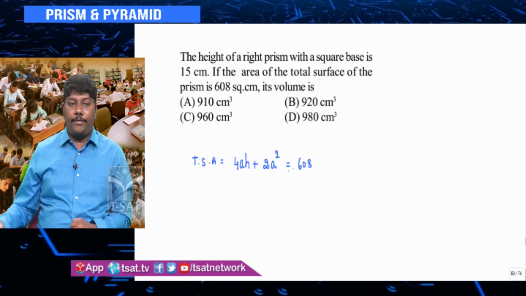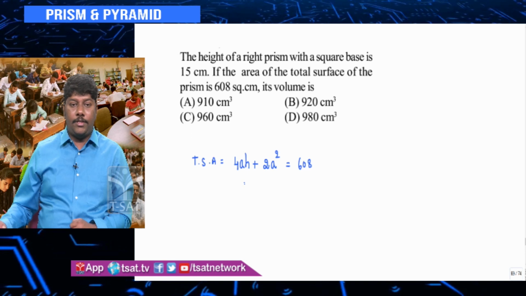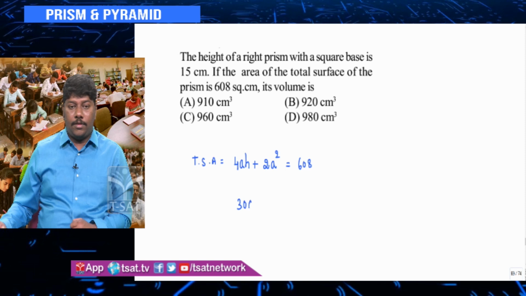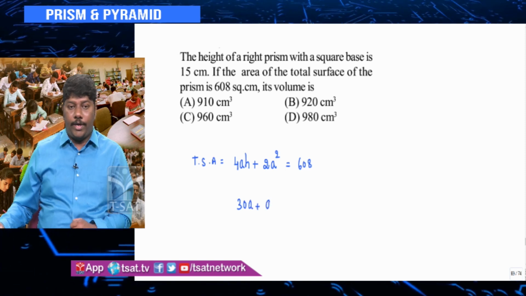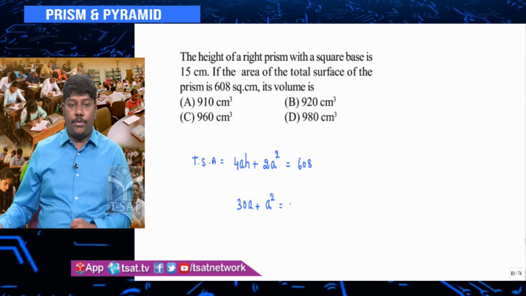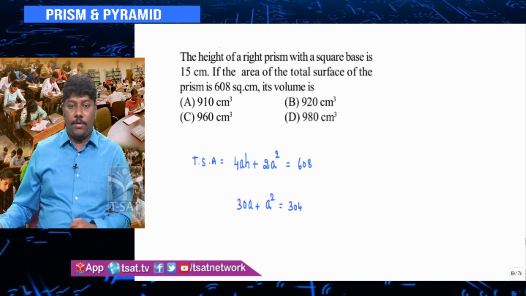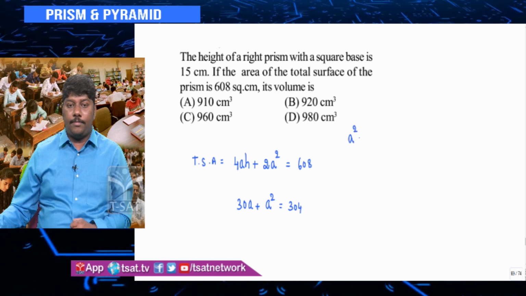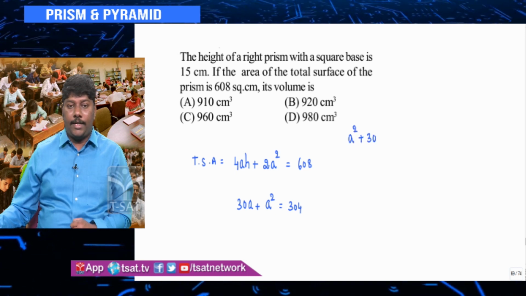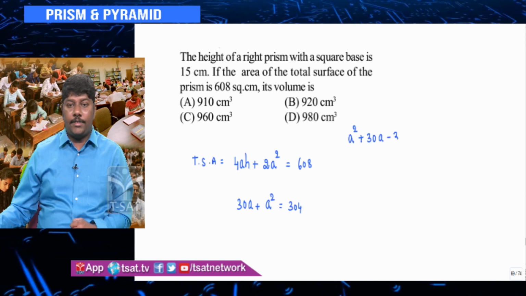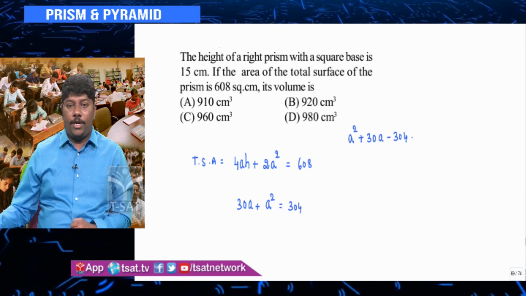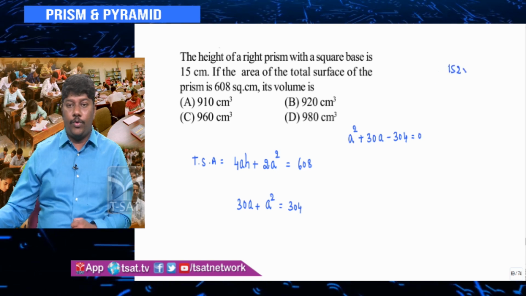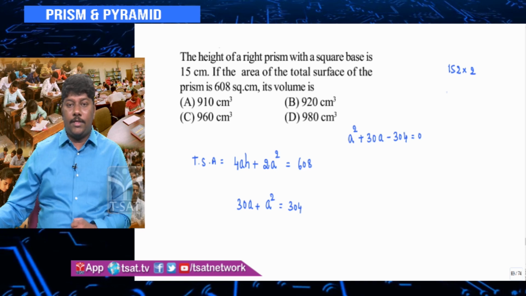Substitute the value of h, divide everything by 2. Value of h is 15. So if 2 is gone, 15 into 2, 30a. This 2 is gone, a square is equal to 304. You can substitute the value or else you can just derive it. A square plus 30a minus 304 is equal to 0. 304 is 152 into 2. This is 19.